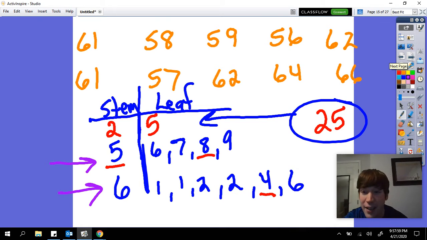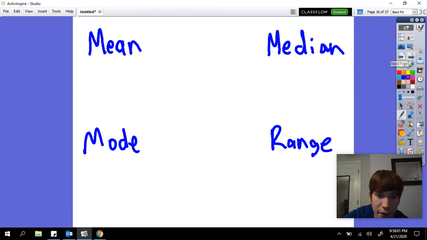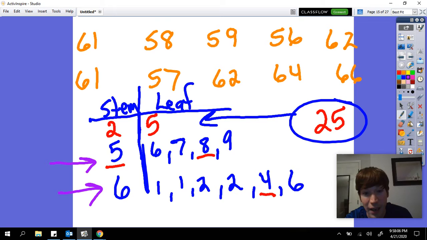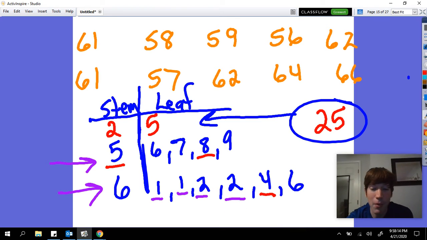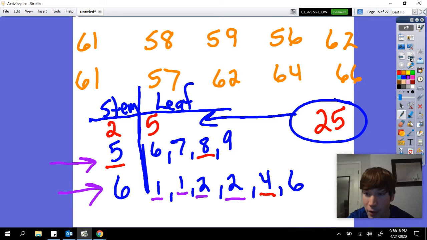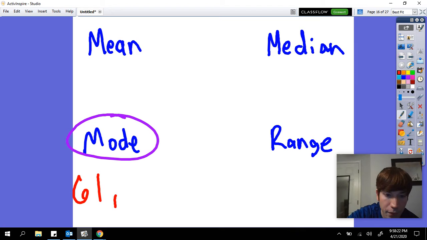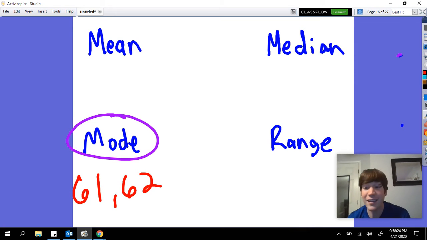Just like last time, I'm going to start by finding the mode first because it's probably the most obvious. Looking at our data, we added in one new number, but it actually doesn't change the mode, because the mode is still the number that occurs the most, and that's still 61 and 62. So adding in that outlier did not change our mode at all.